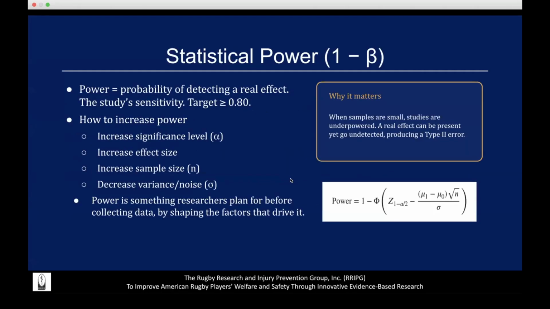When we do a power analysis, we evaluate whether or not we can get to a certain threshold to arrive at those outcomes, right? So we need a certain amount of ACL injuries to understand the true outcomes within our cohort.